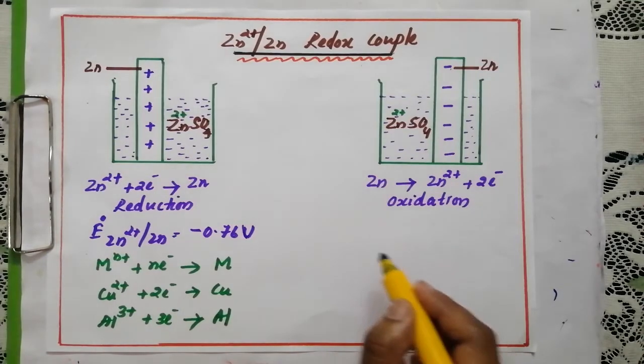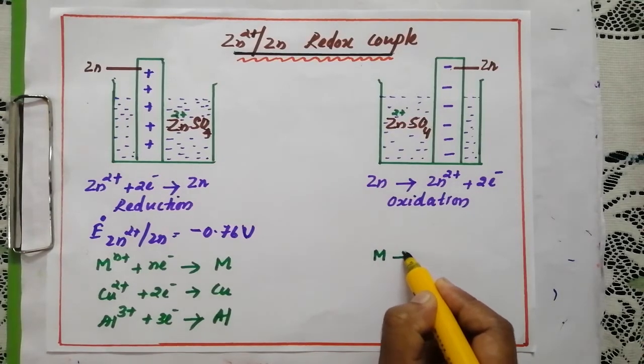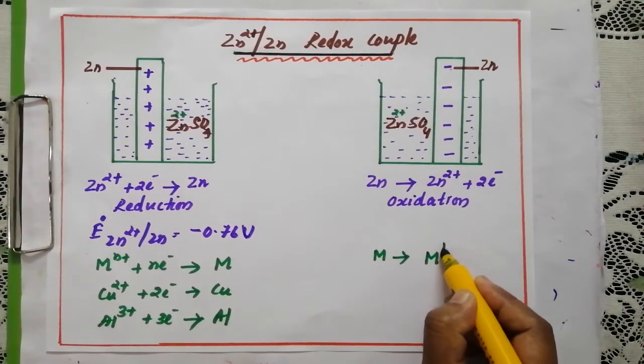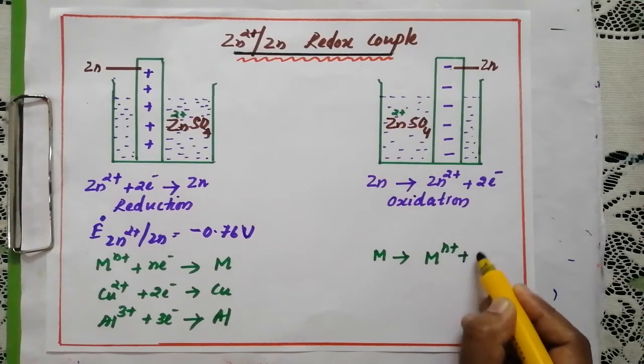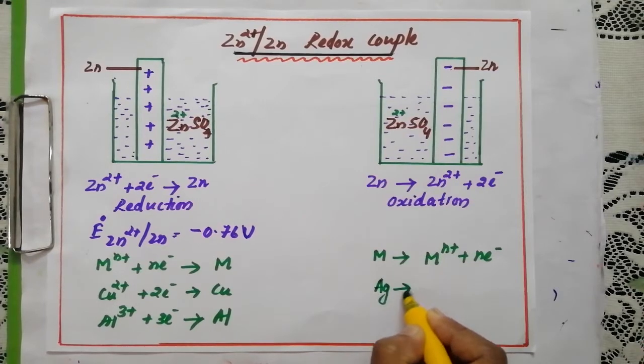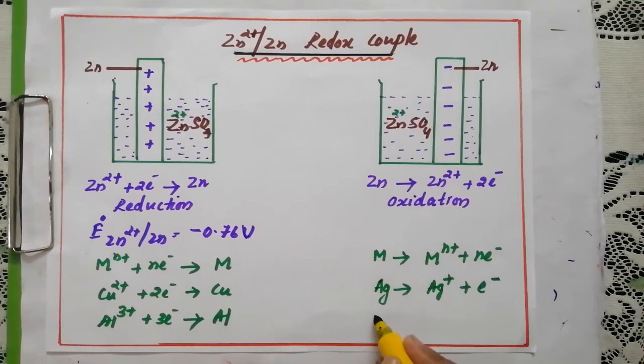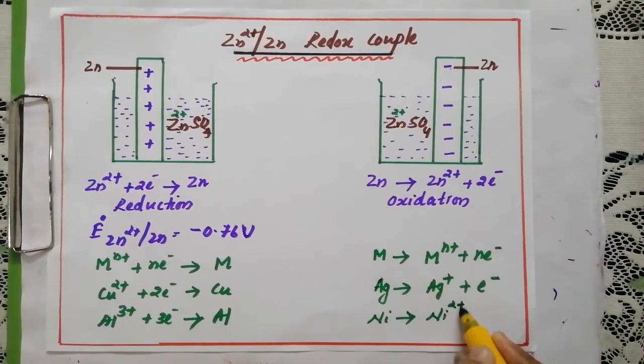Similarly, the oxidation reaction can be represented as M giving Mn+ + n electron. For example, Ag giving Ag+ + electron, Ni giving Ni2+ + 2 electron. Here n is 1 for silver and n is 2 for nickel.